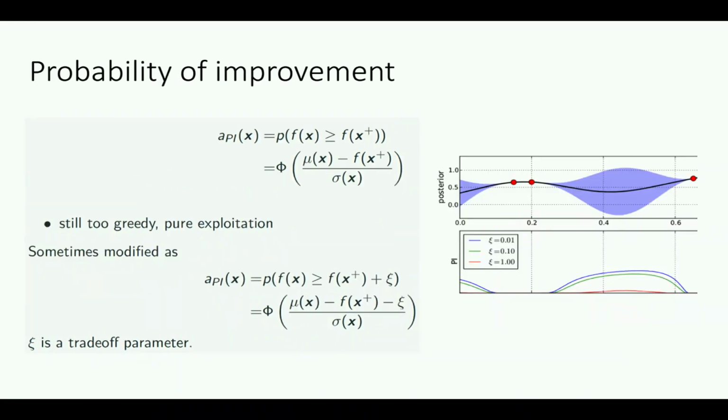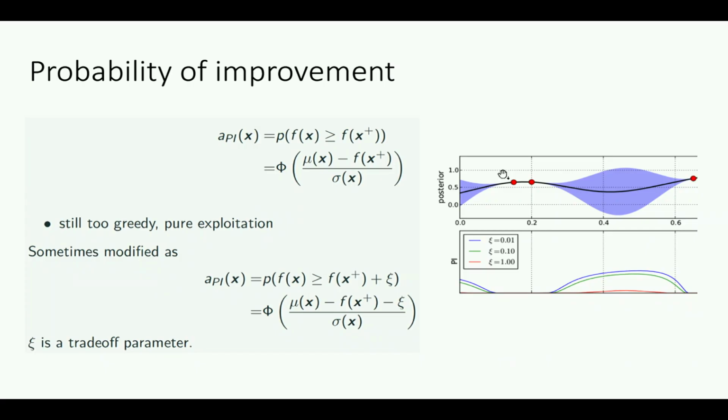So, a closer look into probability of improvement. Remember that we have a distribution of values, and at each point we know the exact distribution given the Gaussian form, right? Assuming that we have x plus, which is the current best point, this red point here.